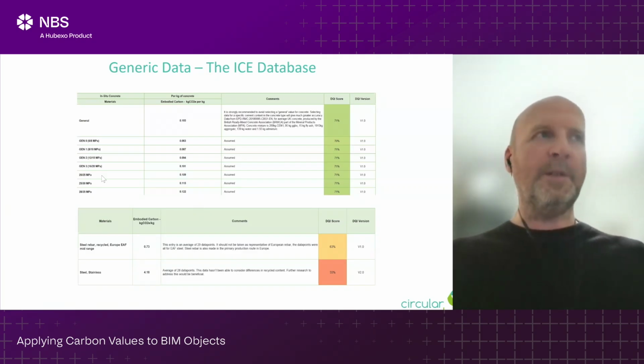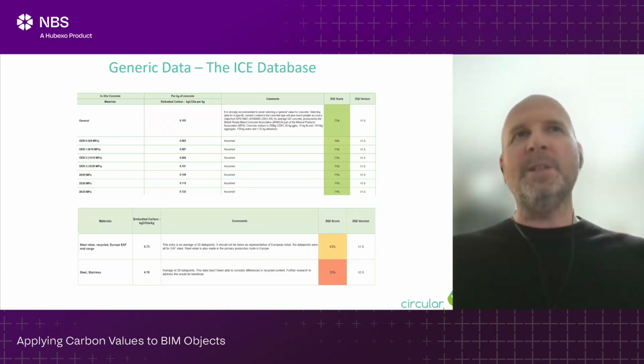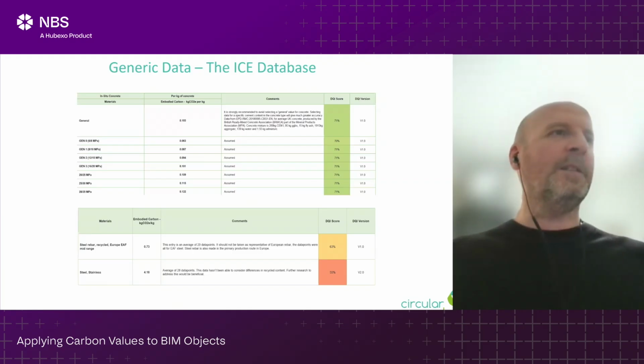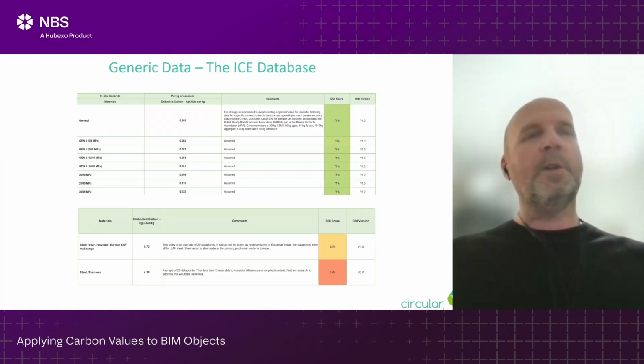And you'll find there's hundreds of different factors for concrete in there, I believe, because concrete's a bit unique in that there's not really a standardized set of exact recipes that everyone uses. They're all different mixtures provided on a project by project basis. So concrete's probably a little bit more unique from a material perspective in that regard, but there is a lot of data for concrete mixtures in the ICE database.